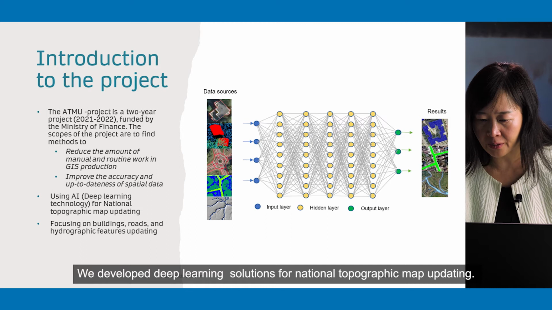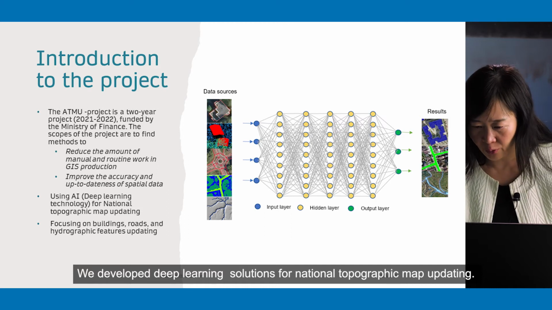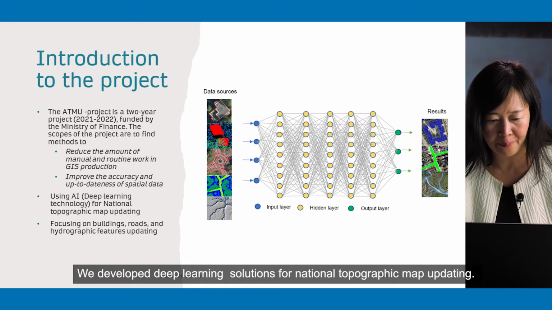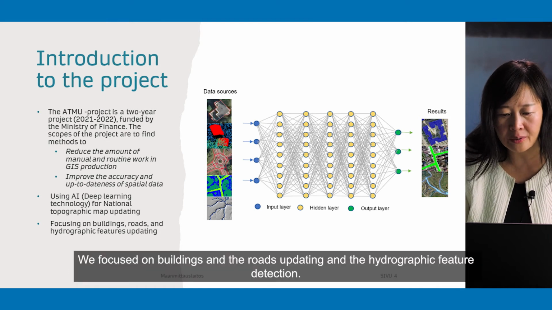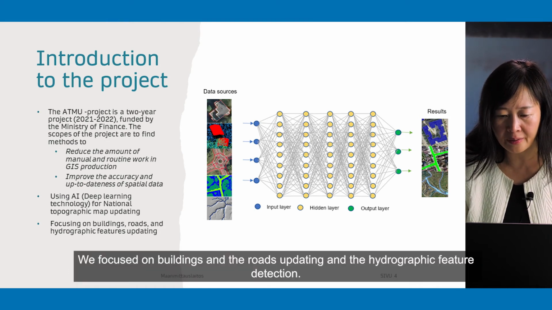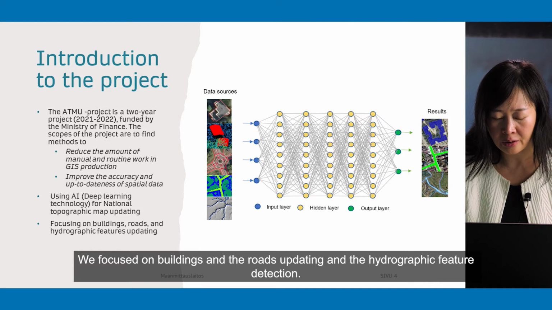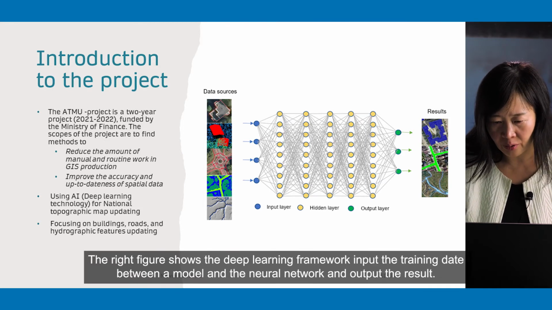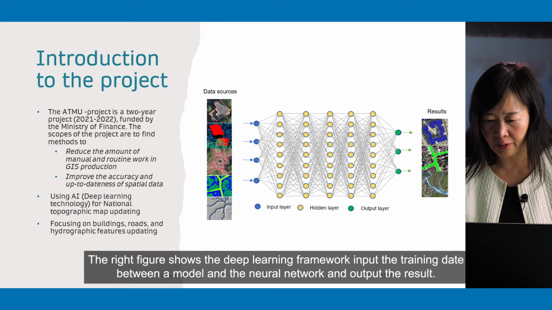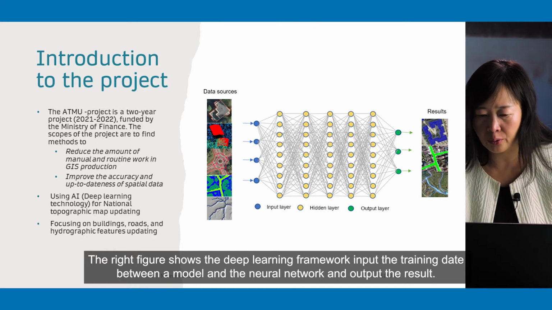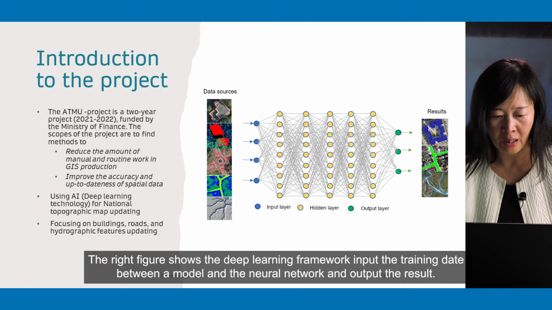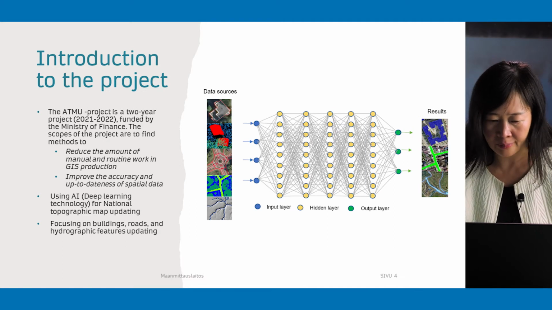So we developed deep learning solutions for national topographic map updating. We focused on buildings and roads updating and hydrographic feature detection. The right figure shows the deep learning framework: input the training data, train a model, the neural network, and output the results.